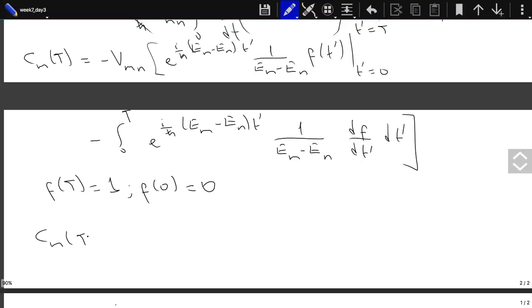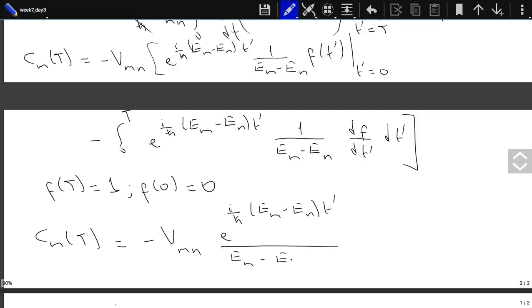Cm of t is equal to minus Vmn e to the power i over h bar (Em minus En) of t prime over (Em minus En), at capital T. Now basically that's it. So this is our Cm.